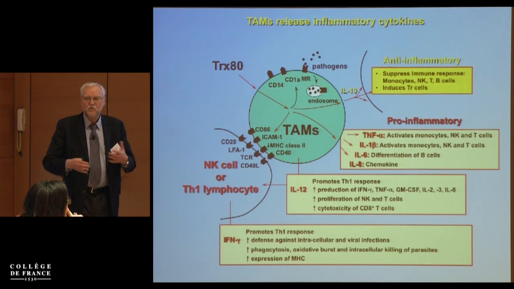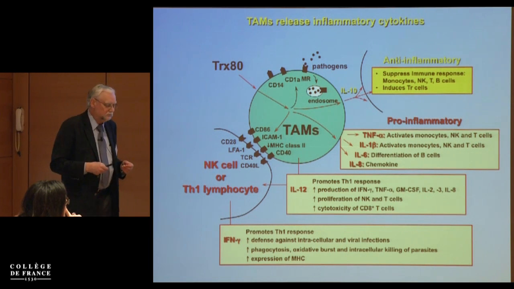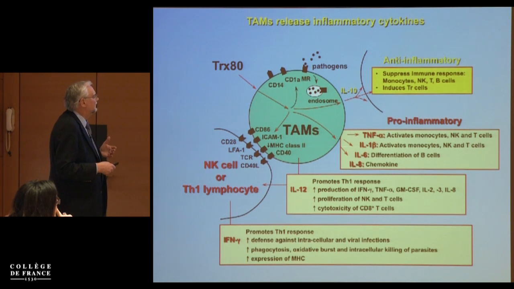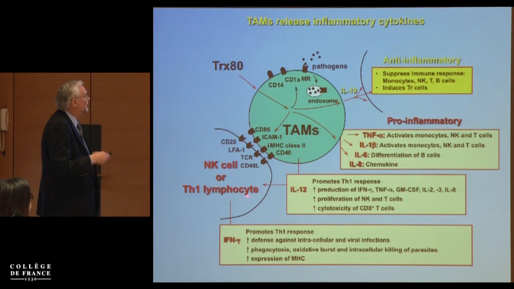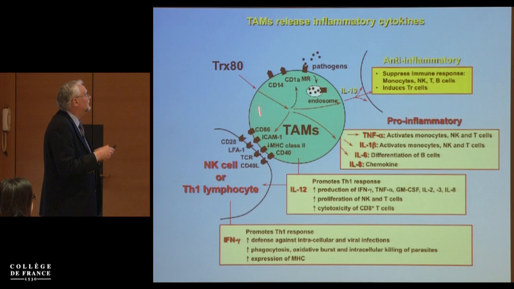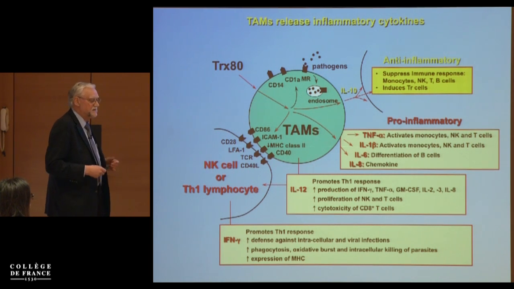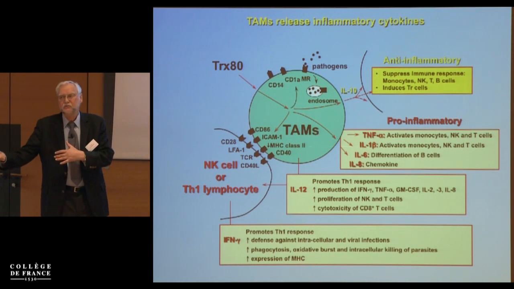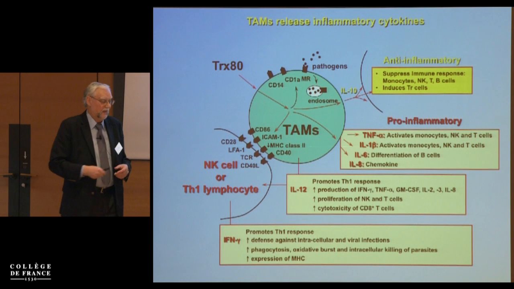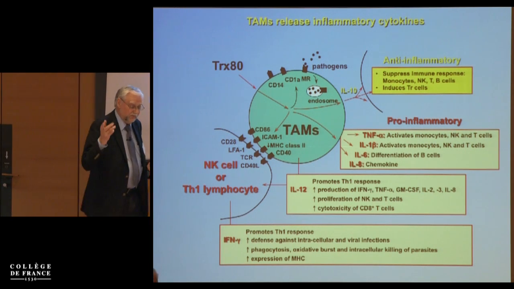It helps you to remove cells, which is cellular immunity. So we have a relatively good feeling here that thioredoxin 80 is releasing inflammatory cytokines. It starts a Th1 response. A Th2 response is when you make antibodies. So it's pro-inflammatory.